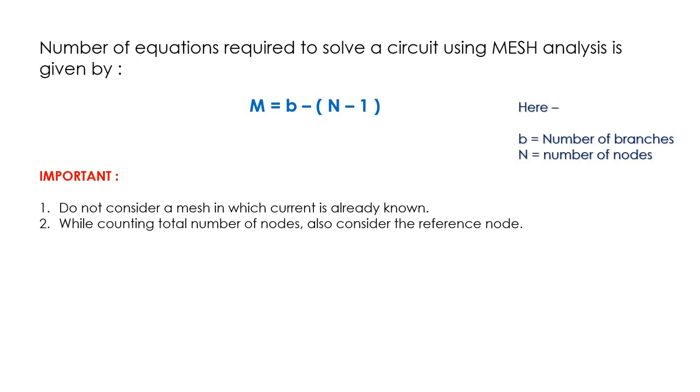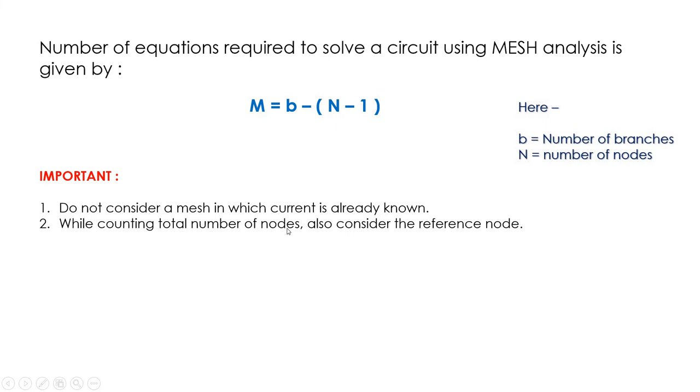In that situation, whatever value you get with this formula, you subtract one from it. Let's say you need four equations to solve a circuit, but one mesh current is already known to you, so that will be three mesh equations, not four.